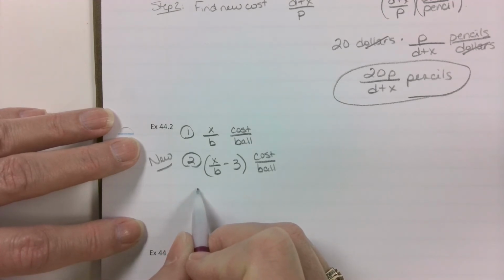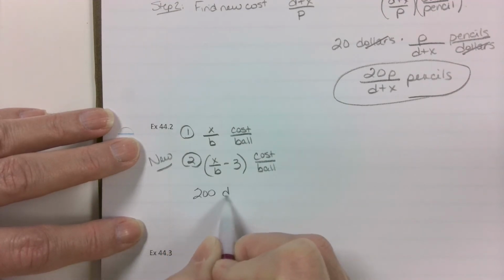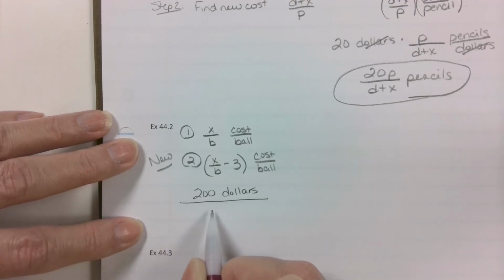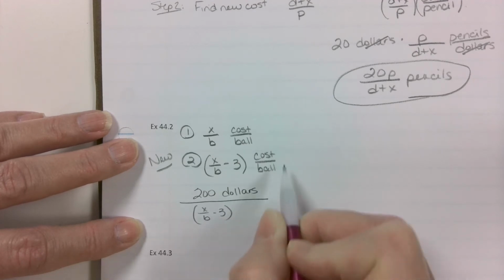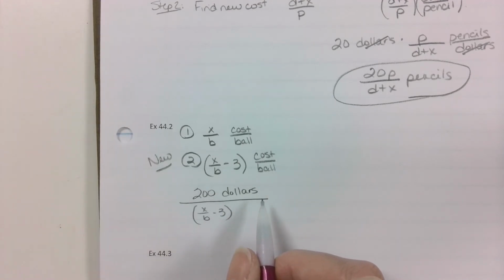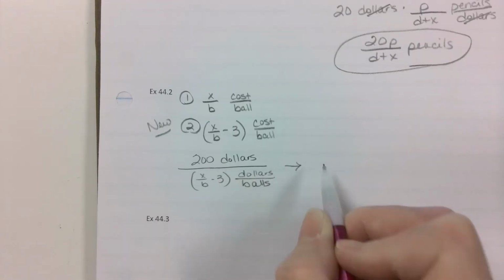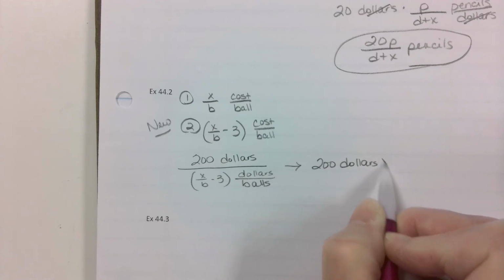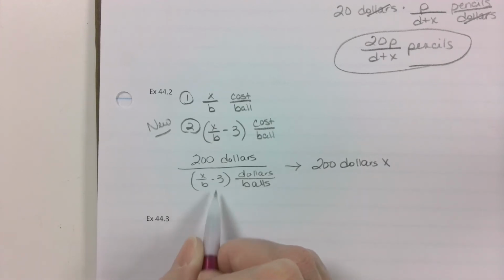Okay? It said how many could he buy for $200? So you do $200, and you're going to divide it by X over B minus 3, and that's the cost per ball. Well, the cost is in dollars, so it's dollars per ball. Okay, so to simplify that, you get $200, and you multiply it by the reciprocal of this.